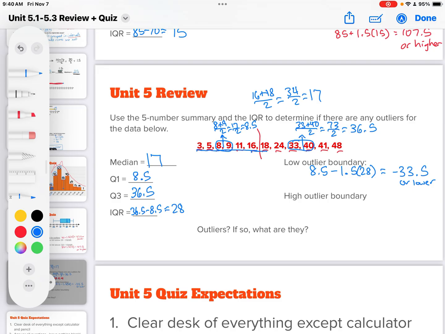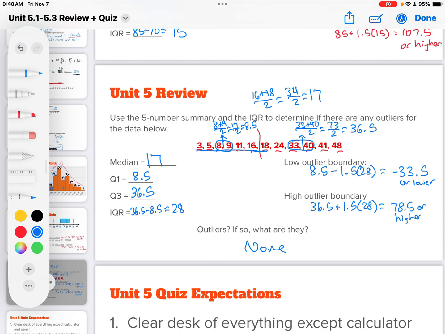Now let's see the high end. Q3 was 36.5, plus 1.5 times 28. I'm going to put this into my calculator, and that gives me 78.5 or higher. So in this case, I don't have any high outliers either.